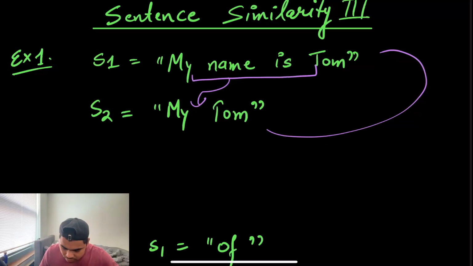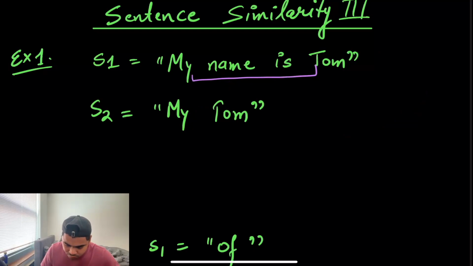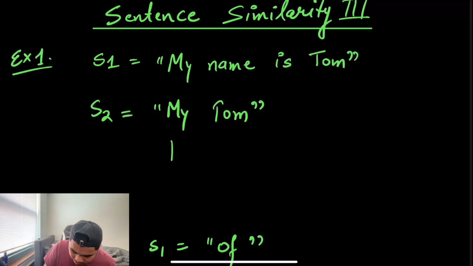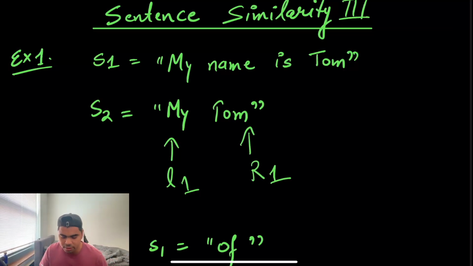What if I have two pointers. One is pointing to the beginning of my S2, I'm going to call it L1, left 1, and then I have R1, which is pointing to the end of my sentence 2.